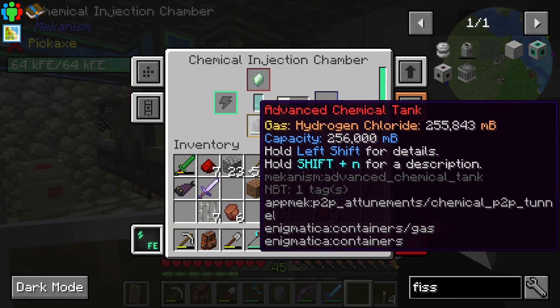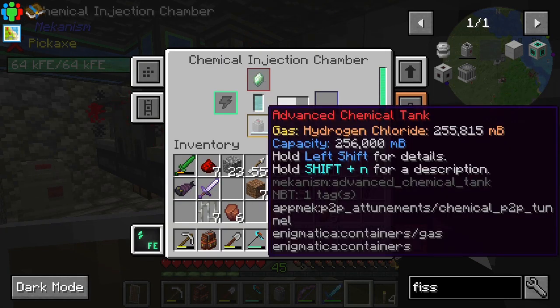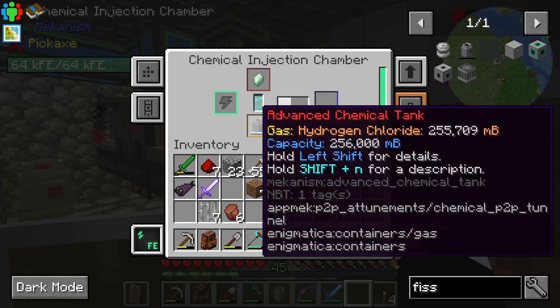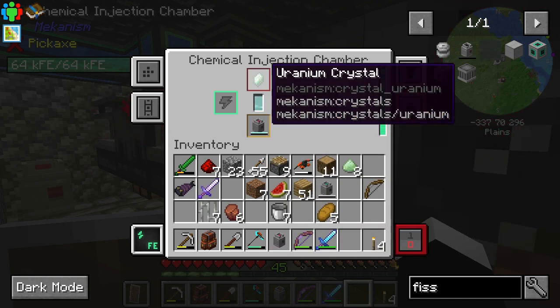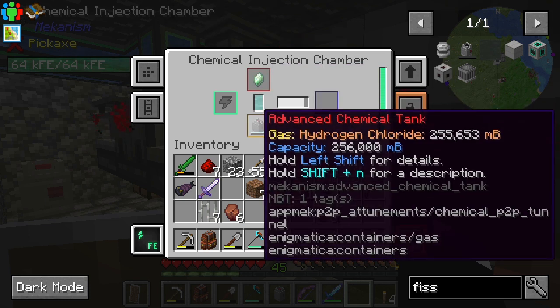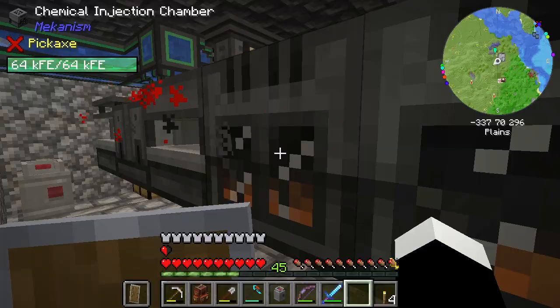Besides, I doubt I'm really going to run out of either. Even if it takes an entire bucket's worth of hydrochloric acid, I've got 250, well, almost 250. So I'll run low on this stuff, but not out of it.